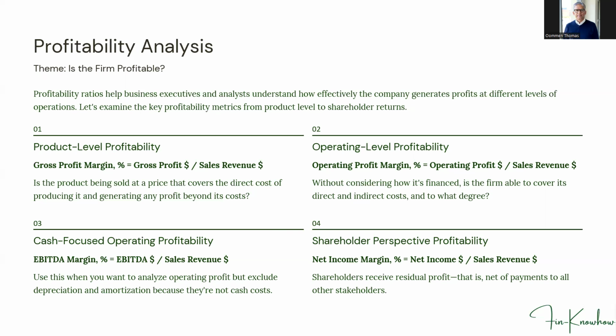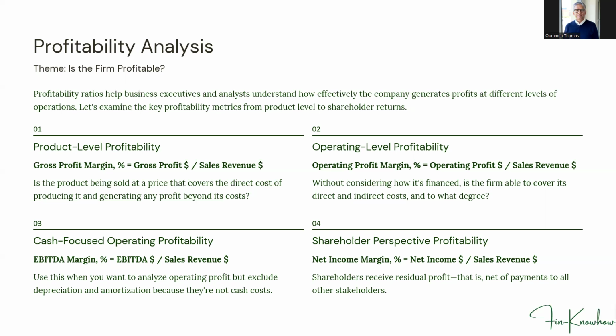Okay. Now, particularly as it relates to operating profit and net income margin, the interesting thing about the operating profit margin is that it tells you how much profit the company is making without taking into account how the firm is financed, right? Because there's no deduction of any financing related expense when you compute operating profit.